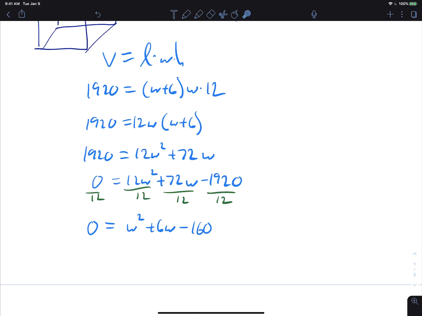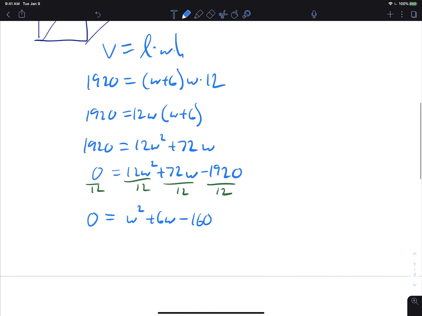No. So again, if you go to your calculator and type in 160 divided by x into the y equals, and then go to your second graph, that should tell you the factors of 160 that have a difference of 6. And that's actually going to be 10 and 16. I'm not going to show you the quadratic formula again. I'm just going to factor this.